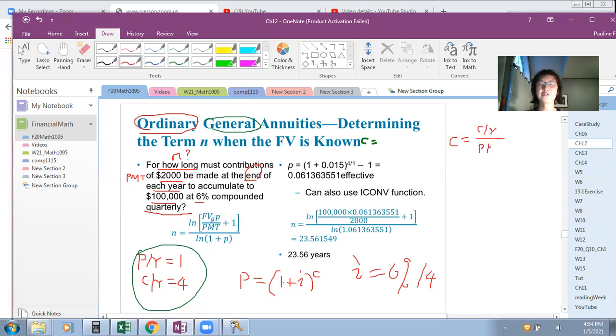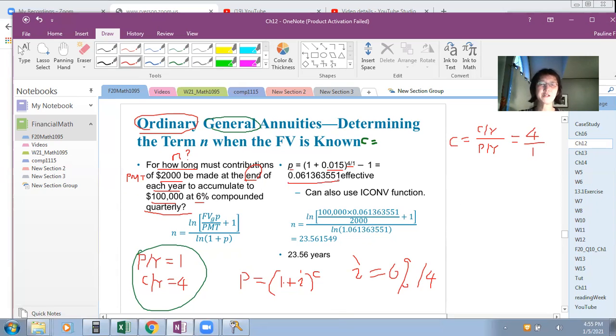CY is number of conversion per year for interest. CY is 4. Interest is compounded quarterly. PY, number of payment per year, is 1. So you know the C. You know I, plug in C and I into formula for P. You figure out this is the P. Okay.